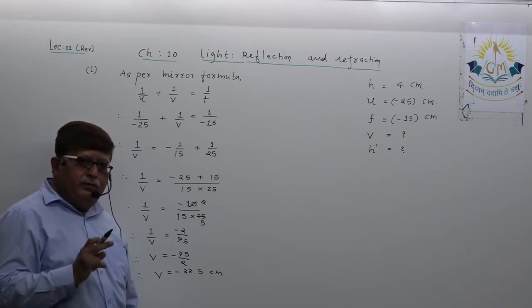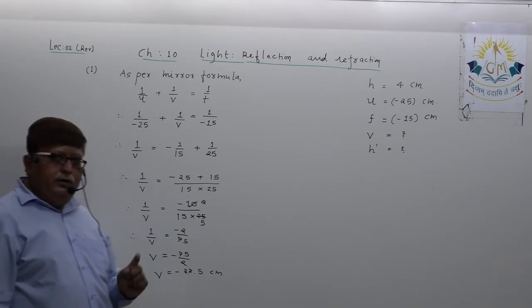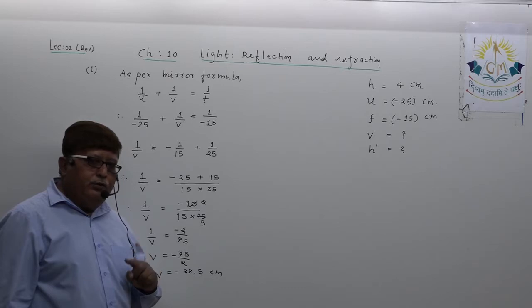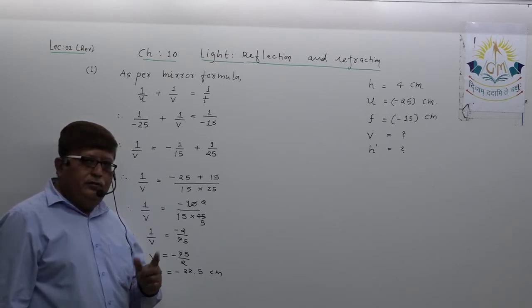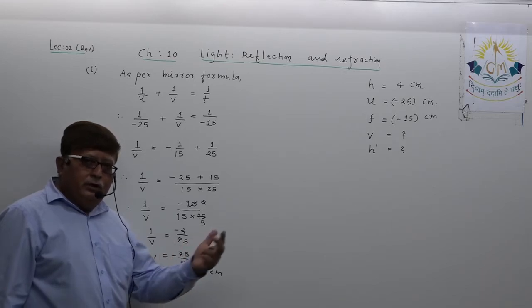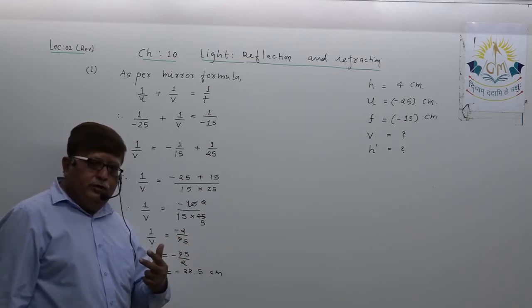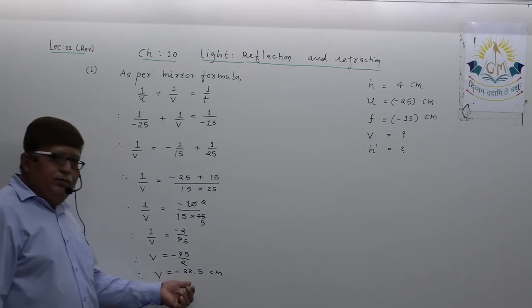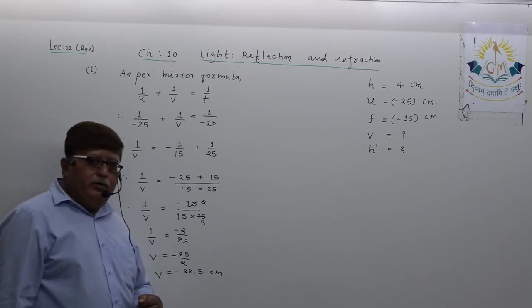Now it's just a check of your conceptual clarity. v negative. What do you mean by this? Value of v is negative. That means the image is in front of the mirror at a distance of how much? 37.5.